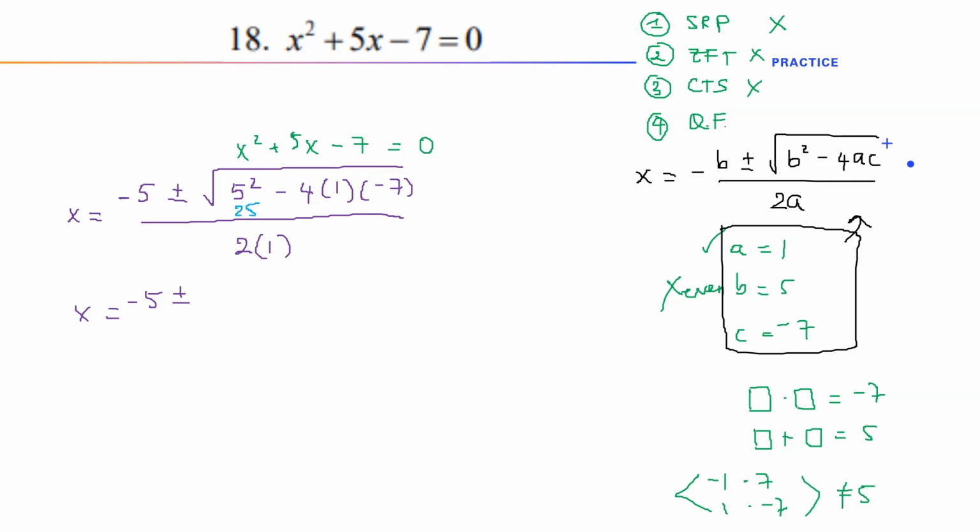This one is 25 minus 4 times 1, which is negative 4, times negative 7 makes positive 28. And then 25 plus 28 is 53. Square root of 53 over 2. Quick and easy, right?